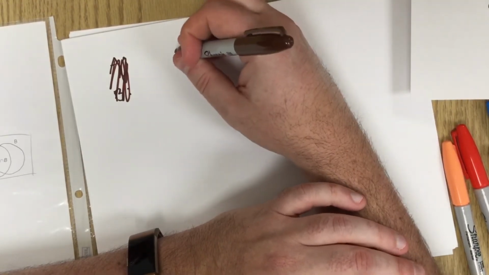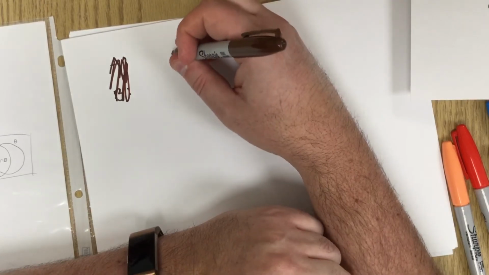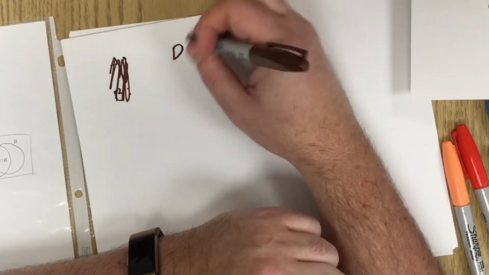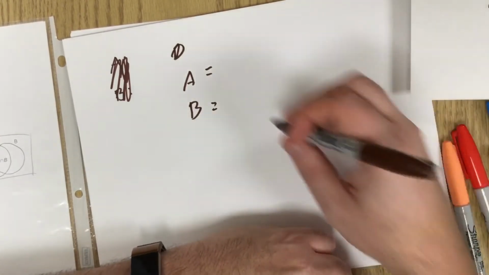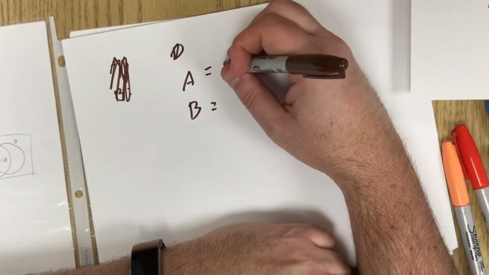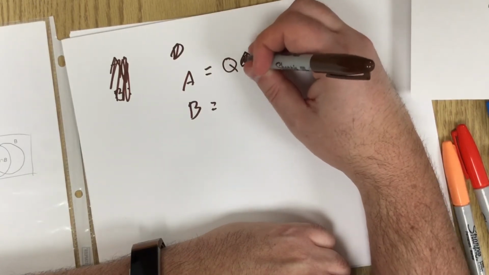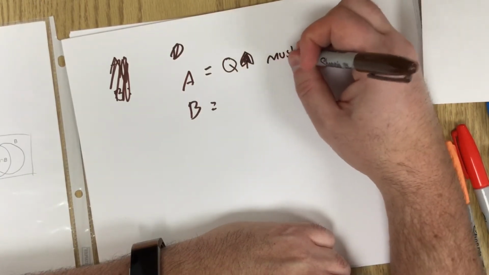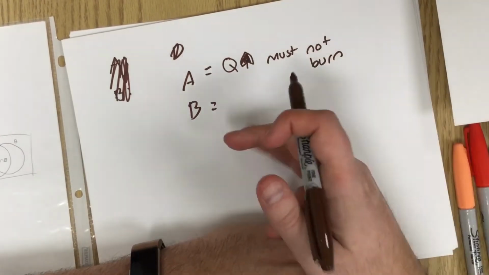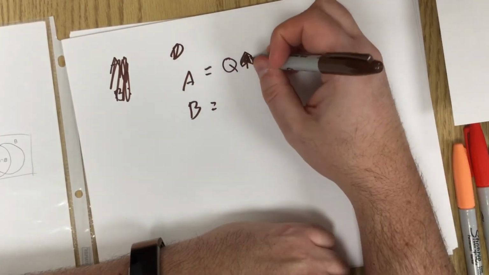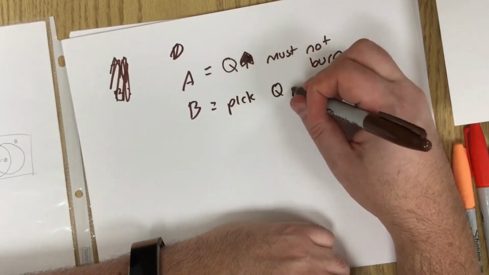I'm going to use A and B. So A is going to be that the Queen of Spades must not burn, and event B is that you pick the Queen of Spades, or the Queen of Spades is the one on top.